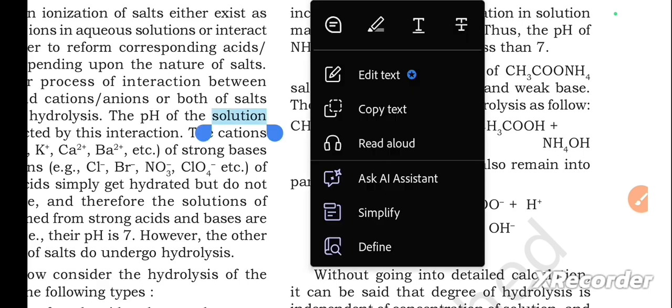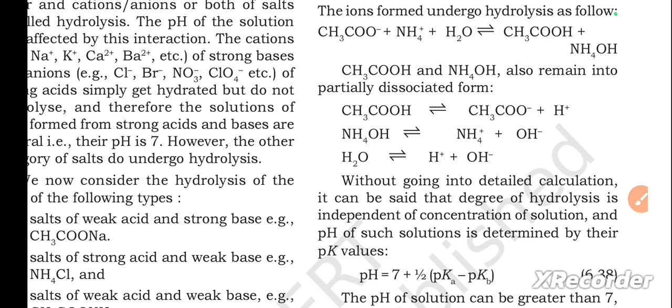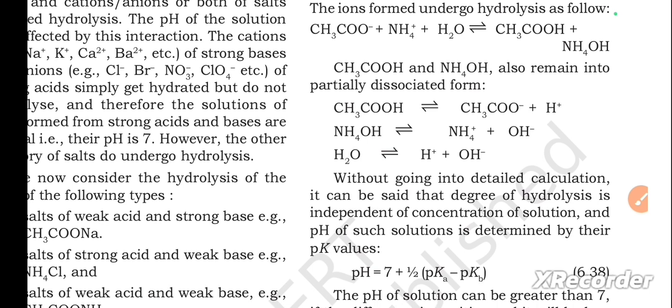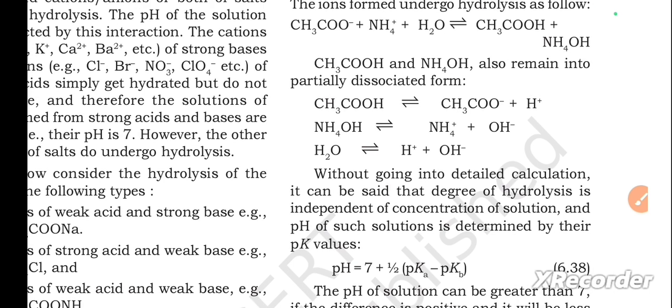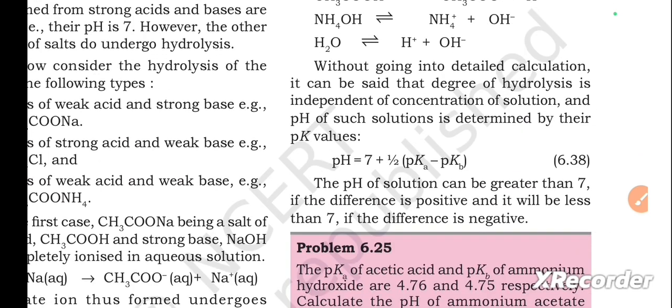CH3COOH and NH4OH also remain in partially dissociated form. CH3COOH gives rise to CH3COO- plus H+. It is a reversible reaction. NH4OH gives rise to NH4+ plus OH-. This is a reversible reaction. And the next one is H2O gives rise to H+ plus OH-. This is also a reversible reaction.